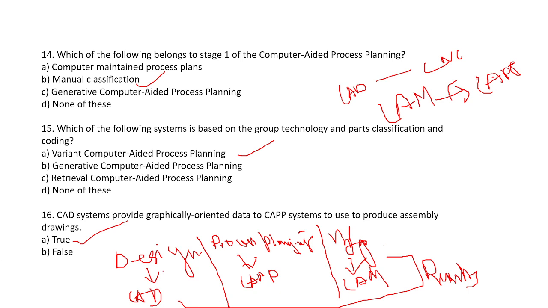So that is basically an overview of the assignment questions asked this year and the previous year as well. I have tried to cover all those questions, and basically the benefits of computer aided process planning.